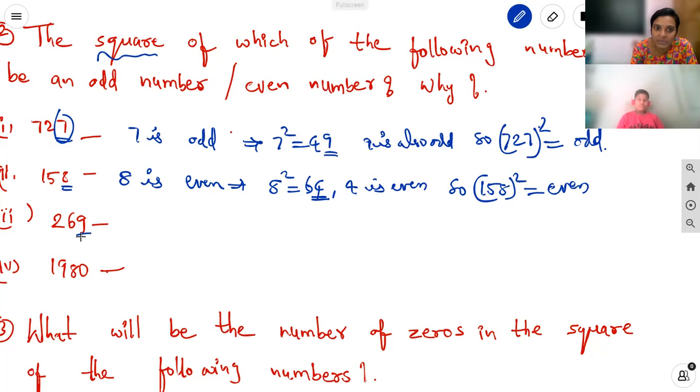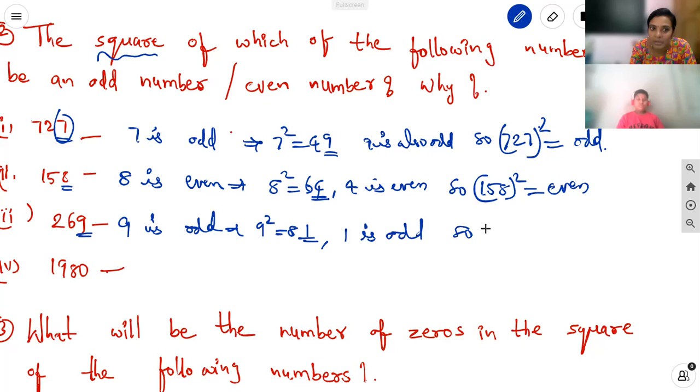In the same way, 269. 9 is odd. The square of 9 is 81. 81 has the ones place 1. Here 1 is odd. So 269 whole square, the whole number is an odd number only.